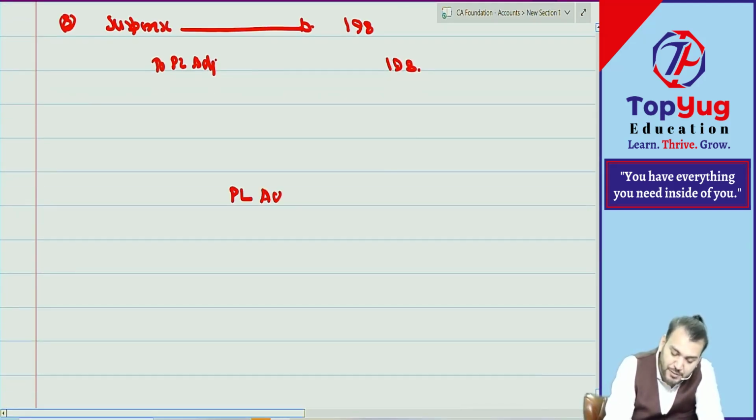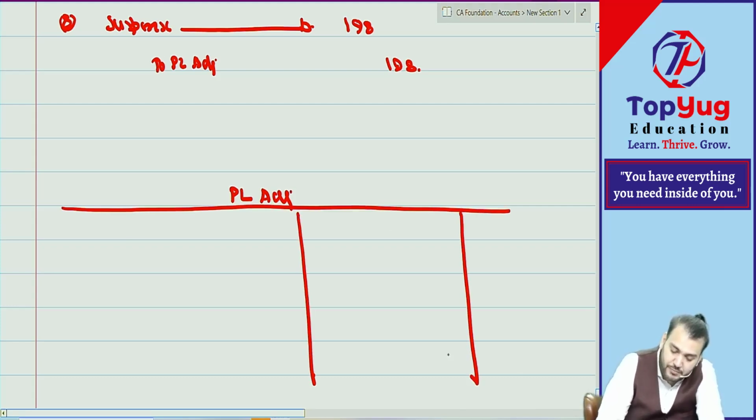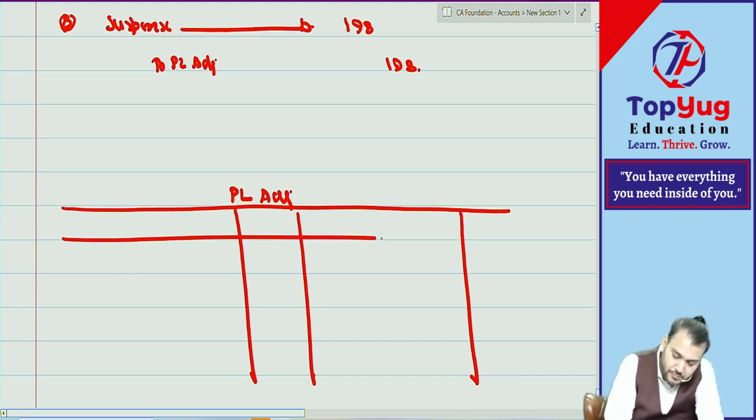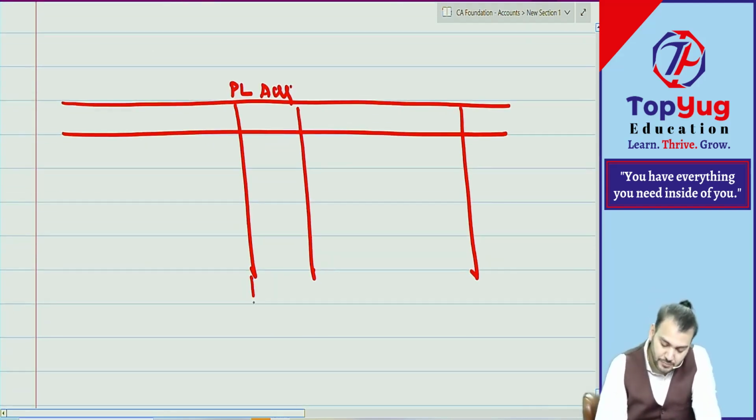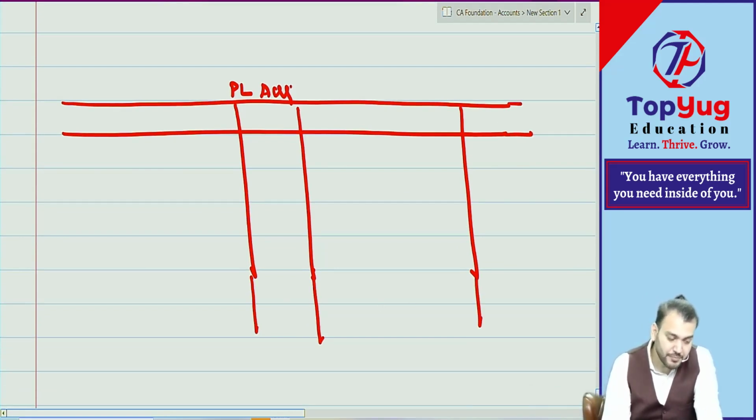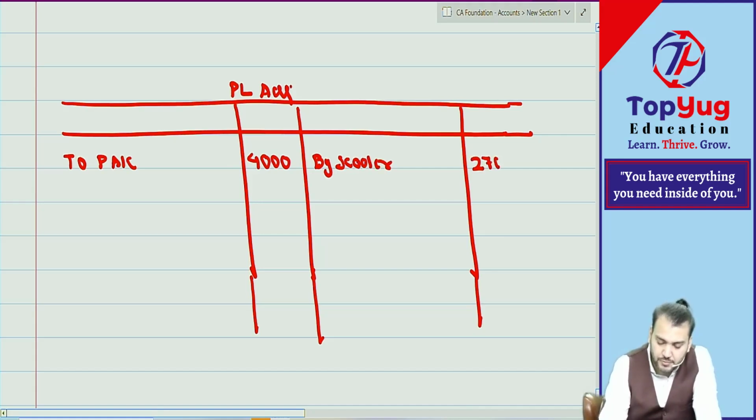Now can you see you need to prepare one PL adjustment account? Just prepare PL adjustment account. Correct. So can you give me one by one starting from the beginning? 2 by 2 by given. So 2P account how much? 4000. Then by scooter account with net amount 2000.